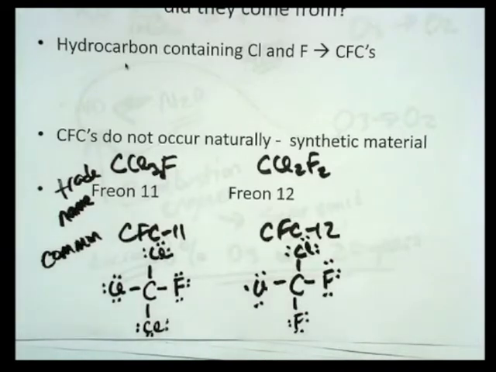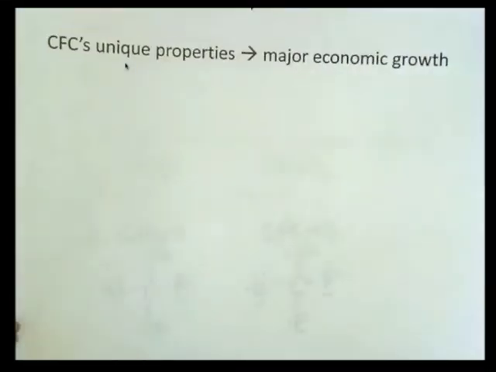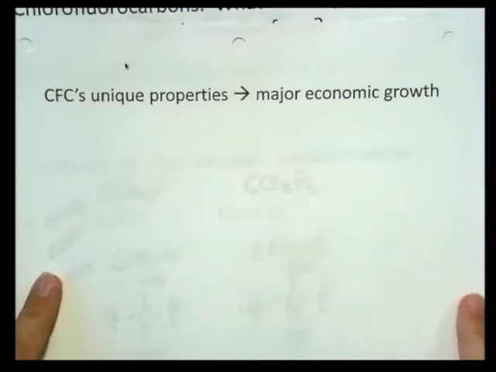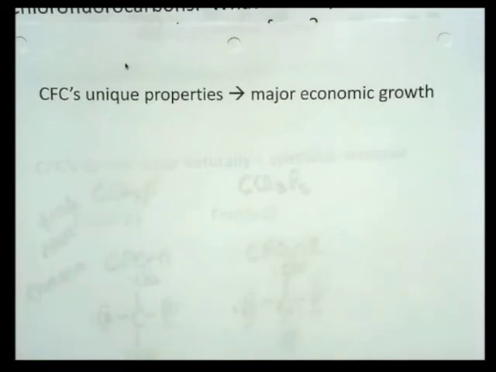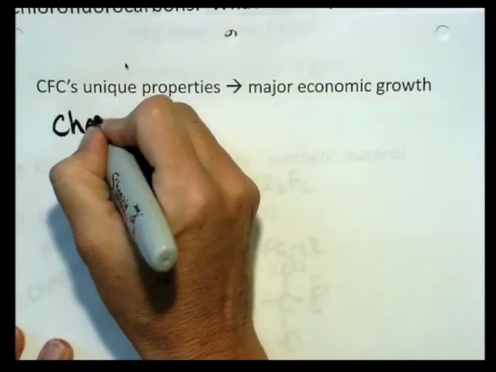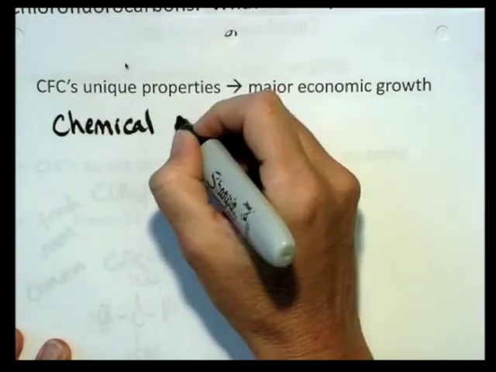Because of the properties of these molecules, the fact that they're stable and also that they have a relatively low boiling point, they became commercially very, very important. The unique properties of the CFCs led to major economic growth. They were very good for the development of our modern society because they're chemically very stable and relatively cheap to make.